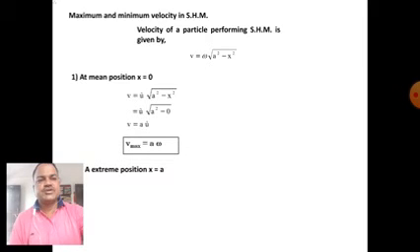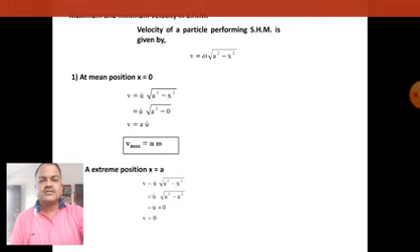At the extreme position, put the values in the above equation again: a square minus a square is equal to 0. So velocity at the extreme position is 0.